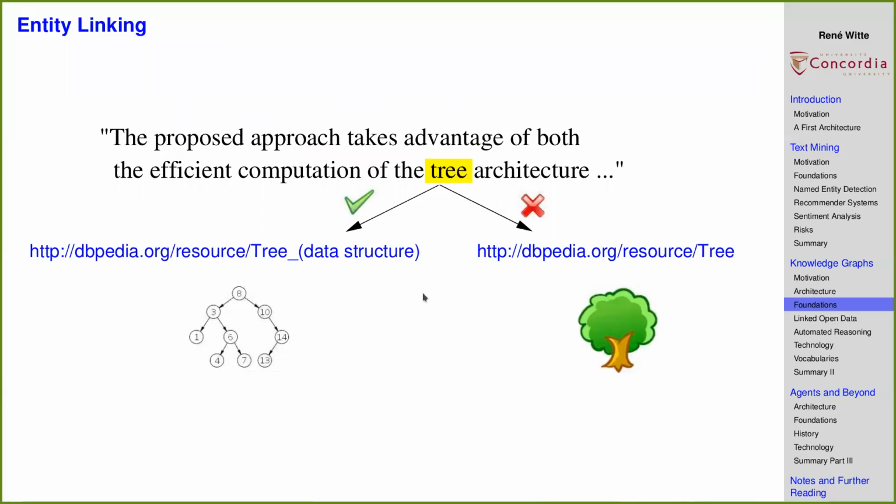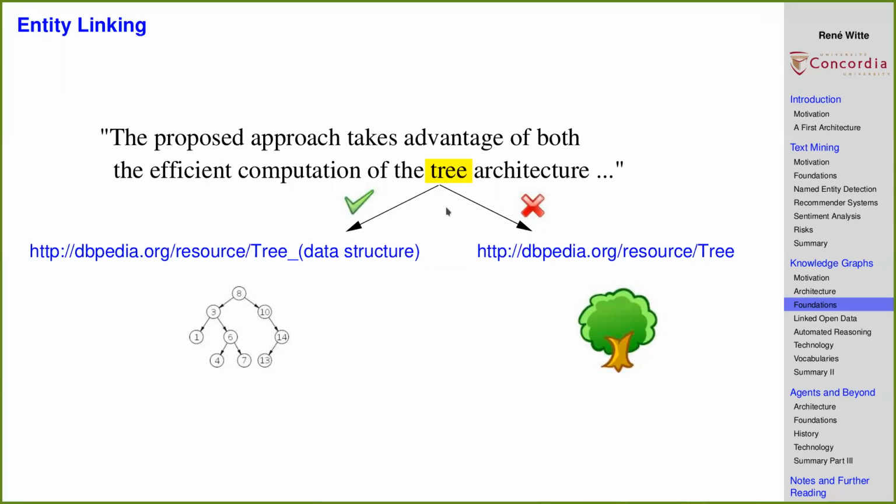One of the related problems and challenges when you want to use this and start out from natural language text is you have to make a connection between the text and an entry in a knowledge graph. This is somewhat related to what we talked about before in text mining. You wanted to find things like persons.